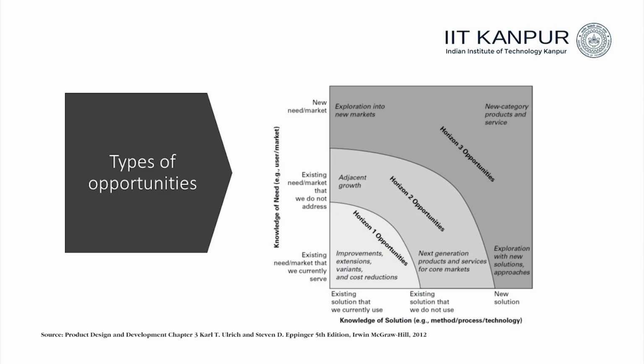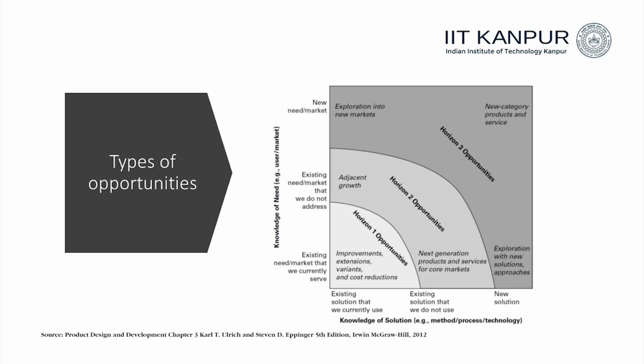So, again these opportunities can be broken down into different types. So, a good way of classifying these opportunities is into horizon 1 opportunities, horizon 2 opportunities and horizon 3 opportunities. So, what are these? Well, you can map them against two different axes. So, this axis here is showing the knowledge of need and this axis is showing the knowledge of solution. Okay.